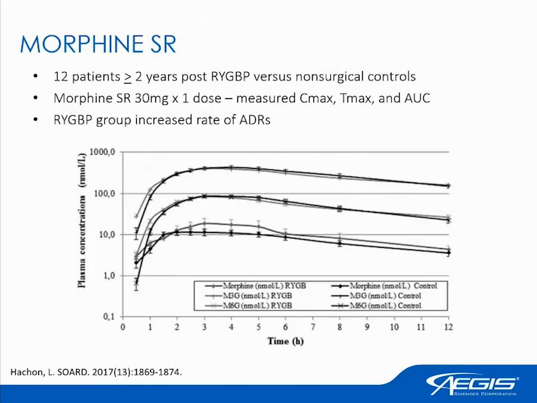They just gave them a one-time dose of morphine sustained release, 30 milligrams, and then they measured Cmax, Tmax, and area under the curve. And you can see here that there weren't significantly different changes. These were all blood level monitoring and not statistically significant, and no dose adjustments were required.